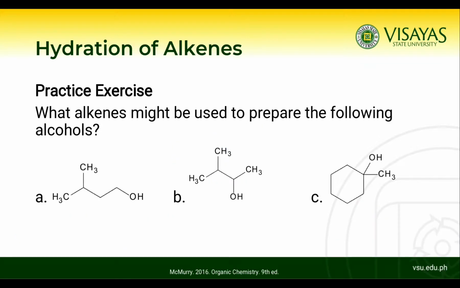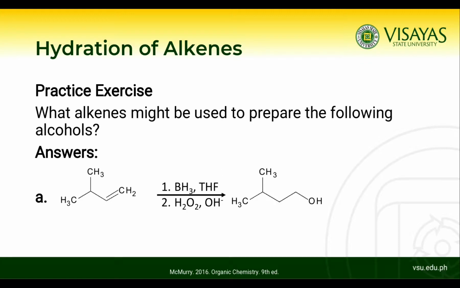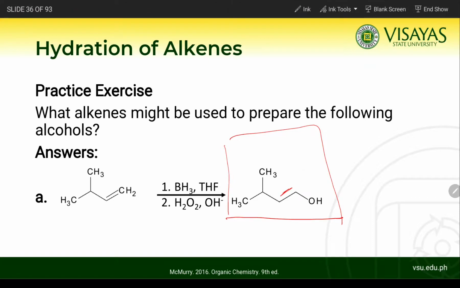Okay, another example. What alkenes might be used to prepare the following alcohols? So we have to know the starting alkene and the reagents to be used. Okay, for letter A, this is the given product. That means to say, we should have the double bond here, no? In our starting alkene.